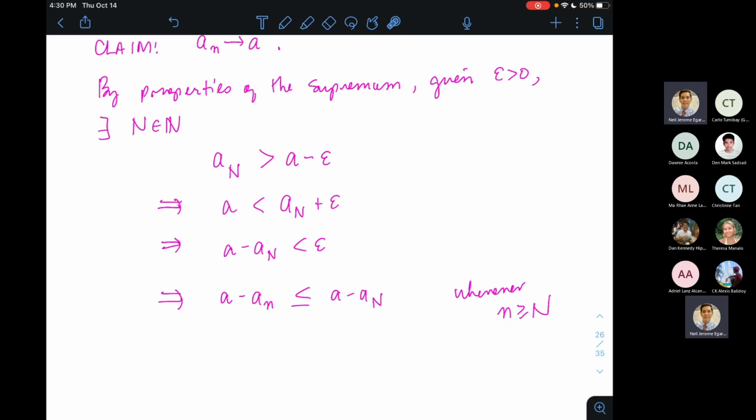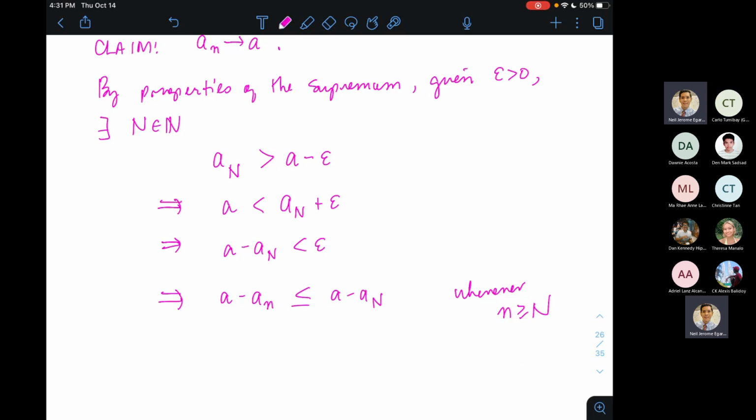Yes, it looks right. Because little n is larger than big N. So A little n is larger than A capital N. That means in one I subtract a smaller quantity and in the other I subtract a larger one from the same quantity A, making A minus capital N larger than A minus A little n. And this will be true for all n greater than or equal to N.